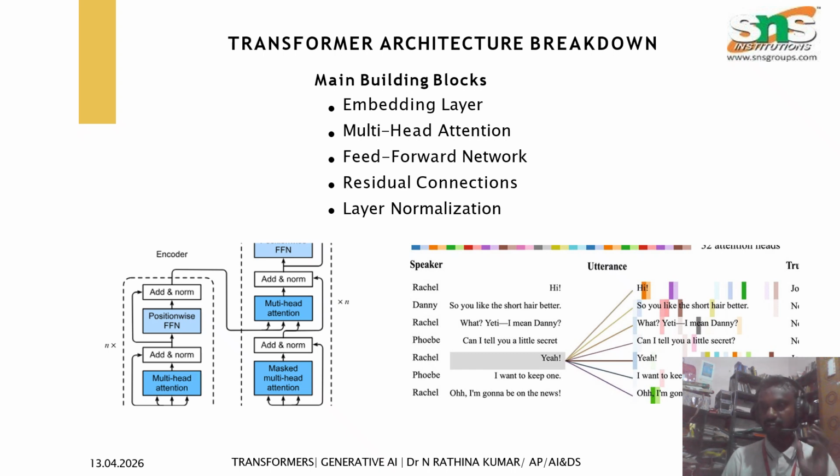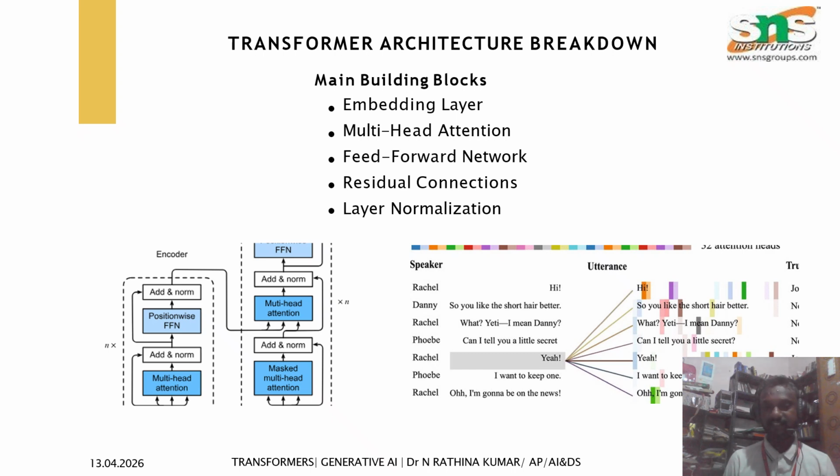The self-attention mechanism allows the model to weigh the importance of different words in a sequence simultaneously, capturing long-range dependencies and context far better than previous architectures. Then parallel processing: unlike sequential models that process data token by token, a transformer processes the entire sequence at once, leading to faster training on massive datasets.